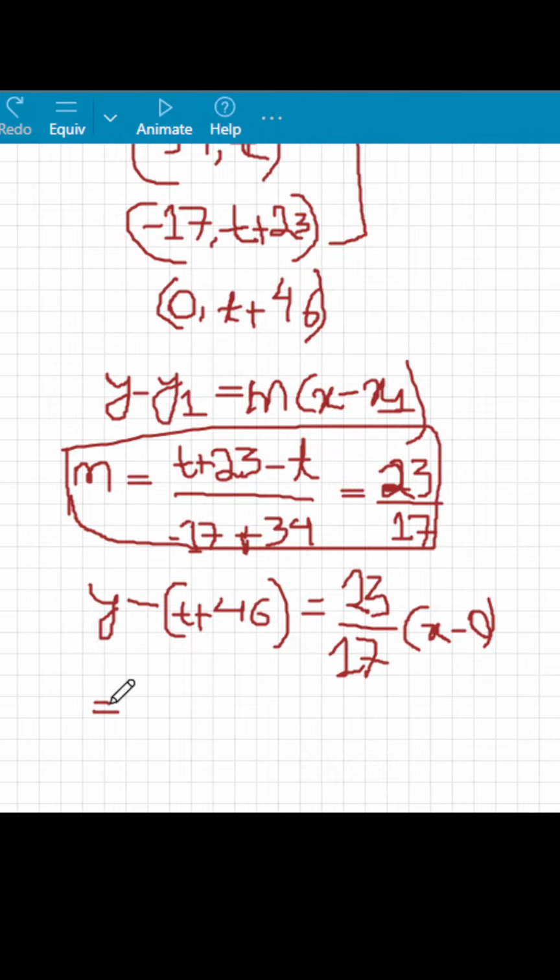So this will become y minus t minus 46 is equal to 23 by 17x.